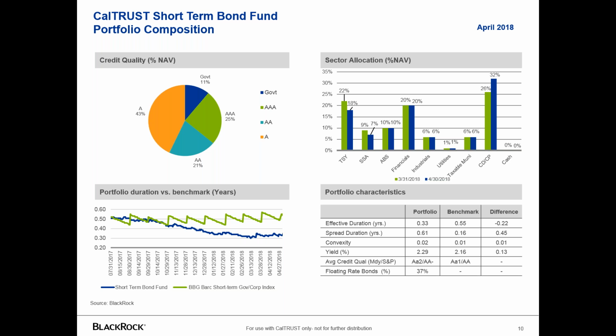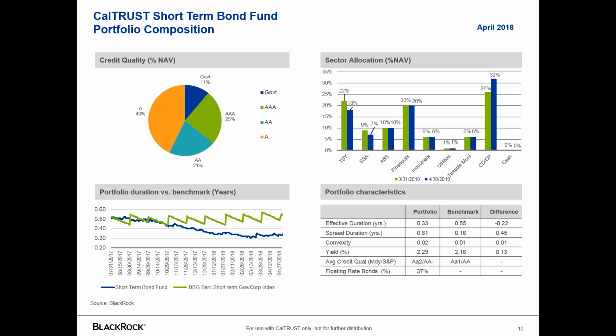So you see an increase from 26% to 32% in the month of April by going out and purchasing CDs from many U.S. banks, and really getting an opportunity to increase the overall yield in the portfolio.